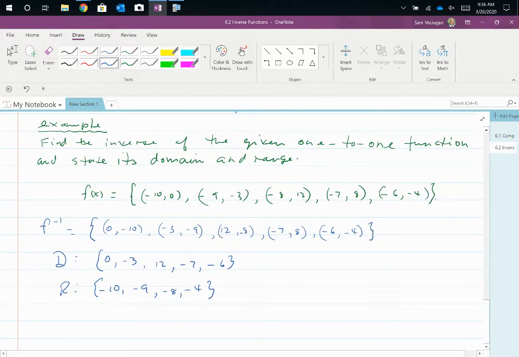Notice that for the original function, the domain was -10, -9, -8, -7, and -6.